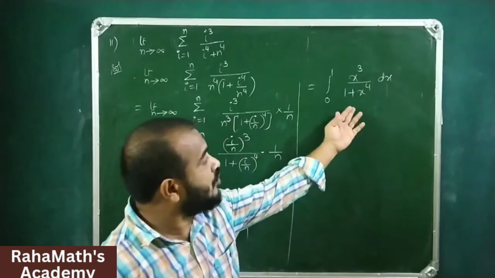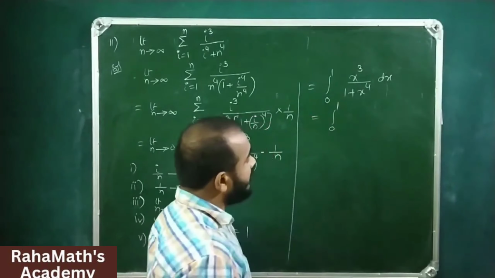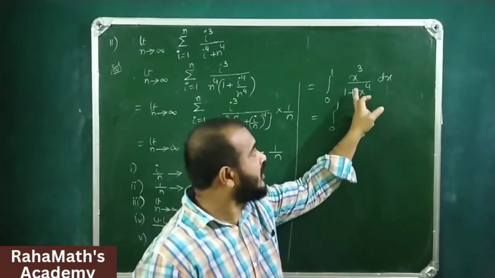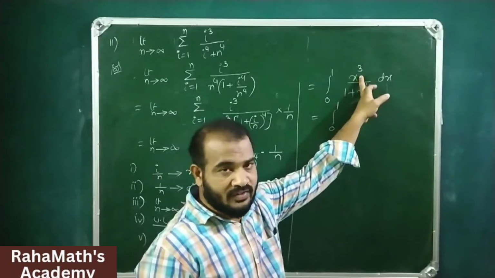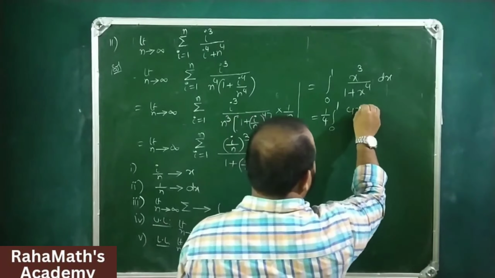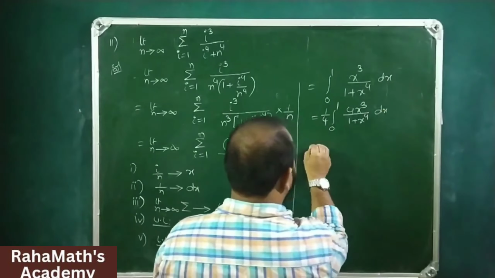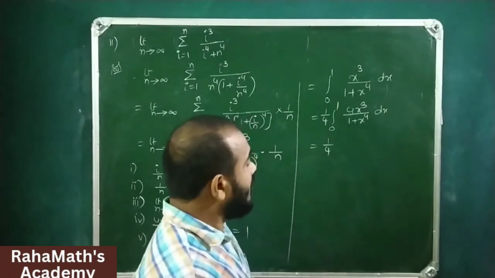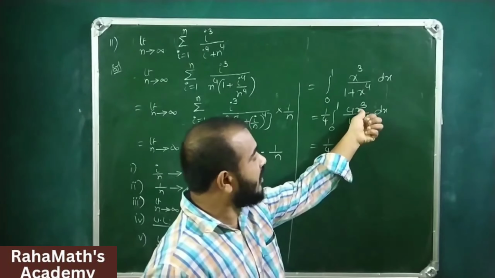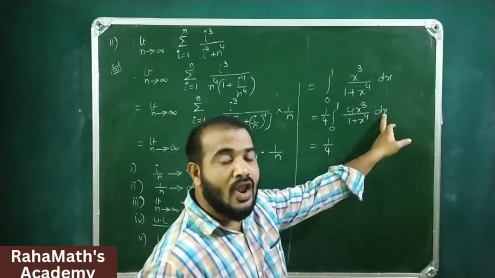So we know how to do this process. This is equal to the integral from 0 to 1. The derivative of x power 4 is 4x cube. Here I have x cube, 4 is missing, for which I will multiply and divide by 4. So 1 by 4 times 4x cube by 1 plus x power 4 dx. The derivative of 1 plus x power 4 is 4x cube. This is f of x, this is f dash. The integral of f dash x by f of x dx is log f of x.